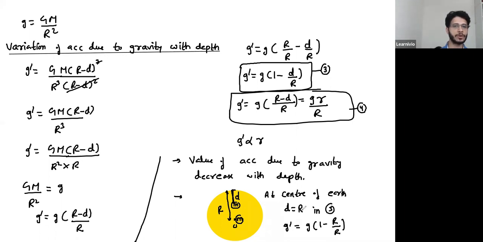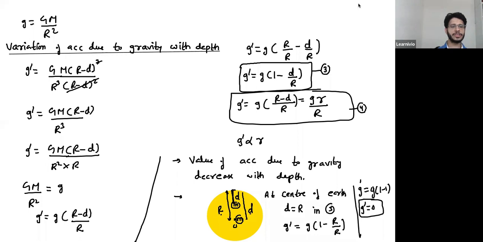We always measure depth from the surface of Earth. So if I substitute d here, g prime comes out to be g (1 minus 1). So your g prime comes out to be 0. So at the center of the Earth, acceleration due to gravity is 0.